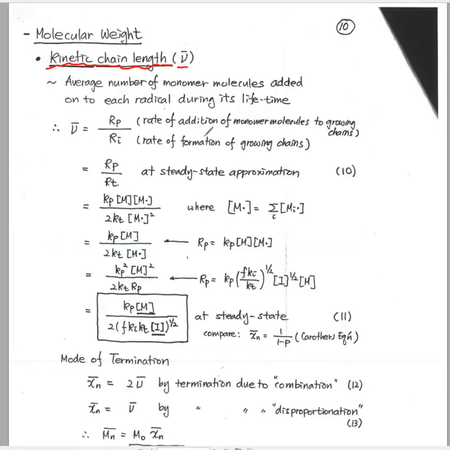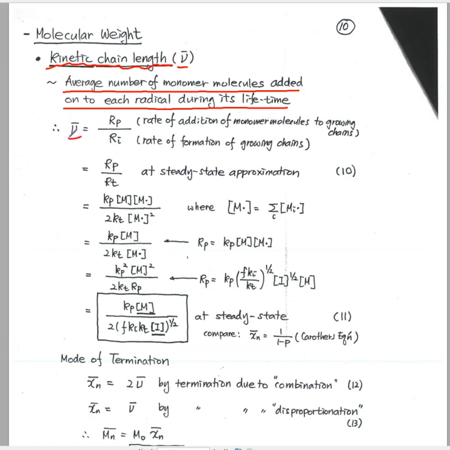The definition of kinetic chain length is the average number of monomer molecules added to each radical during its lifetime. So it's a similar meaning to that of degree of polymerization, right? Basically, how many monomers are added to a radical.